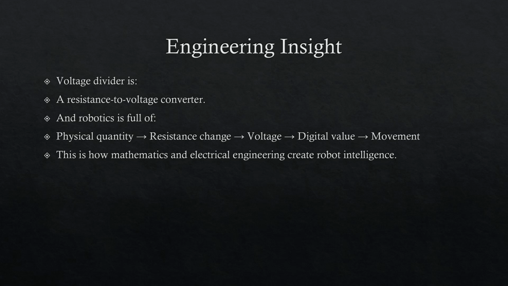Then the voltage is converted into a digital value, which is used by microcontrollers or any circuit board, which then commands the robot to move from one place to another or any movement that we have programmed in it. So this is how mathematics and electrical engineering create robot intelligence.